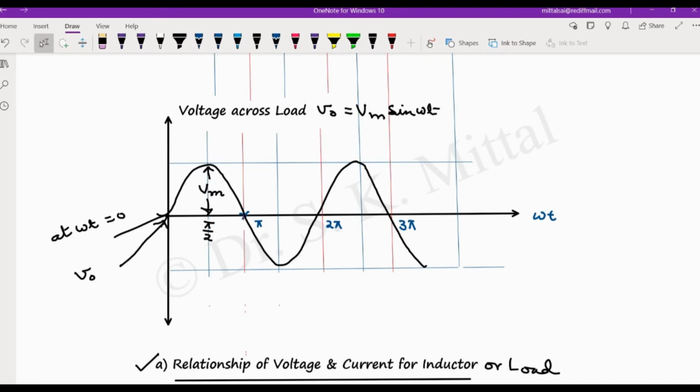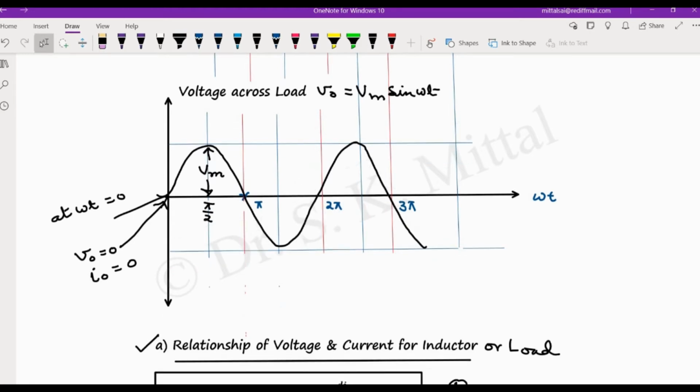Output voltage V0 is equal to 0. Since output voltage V0 is equal to 0, means no current is flowing. Therefore, at omega t is equal to 0, output voltage is 0. Why is it 0? Because we have not obtained any output current.